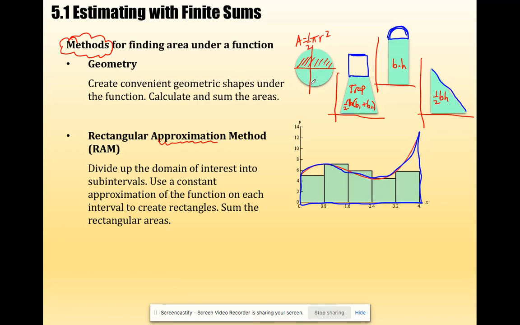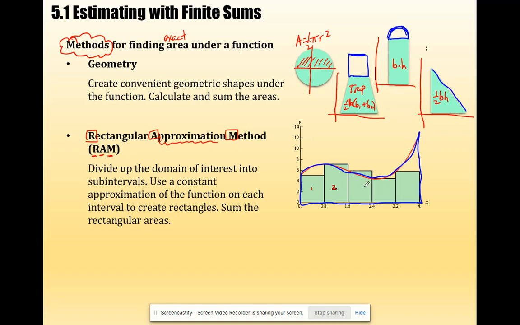So my method, one method for finding the approximate area: if I have an actual circle, I have the exact area. If I have a trapezoid, that's exact area. Exact, if I have an exact geometric shape. But if I don't have an exact geometric shape, I can use something called the rectangular approximation method.